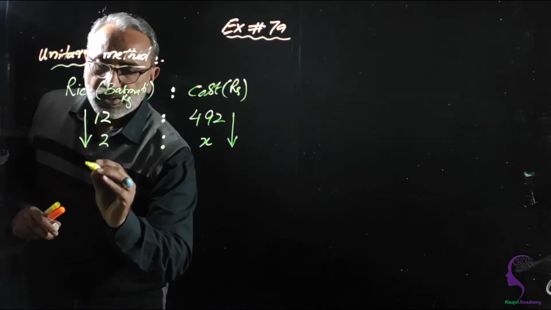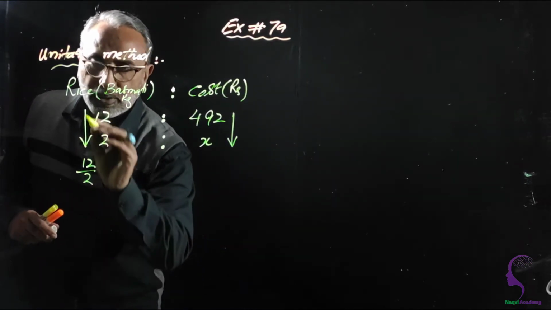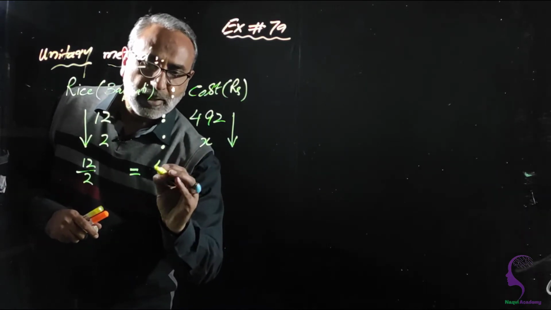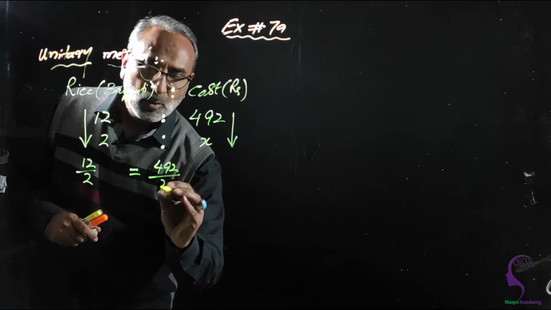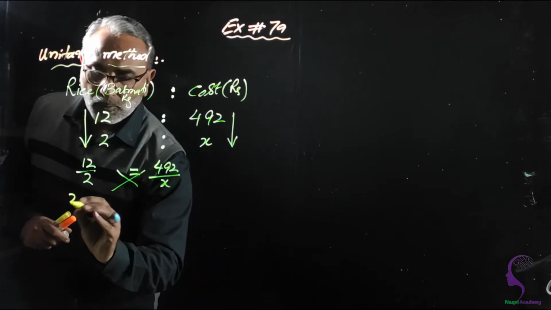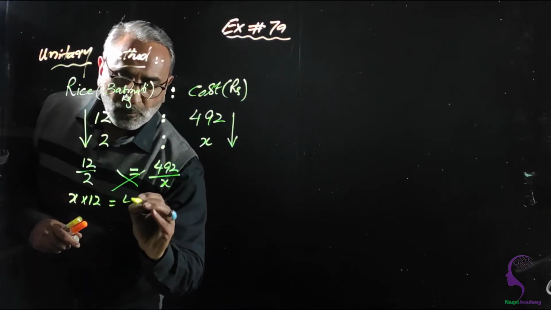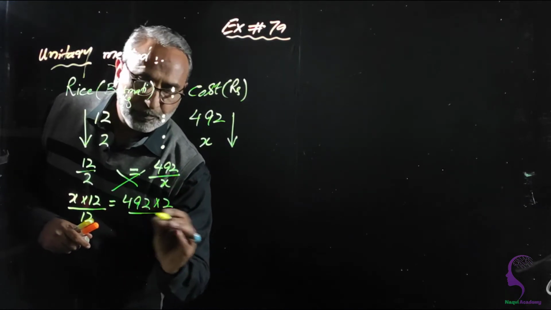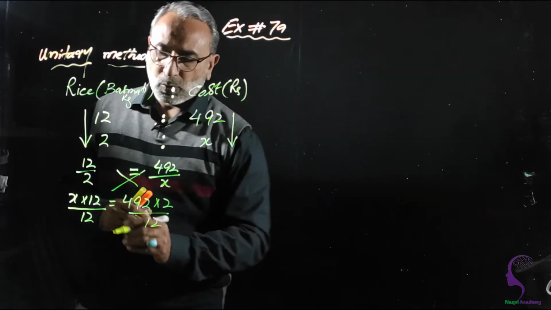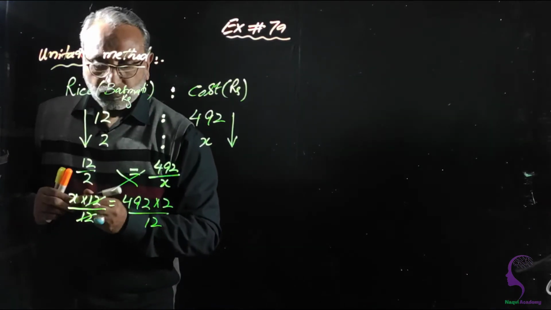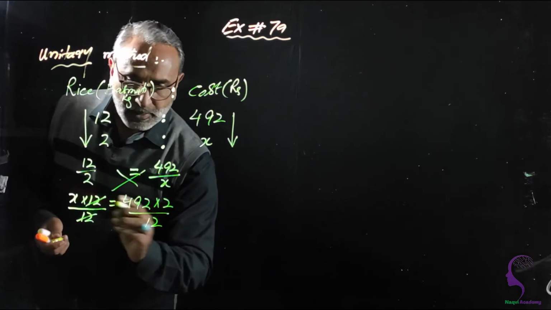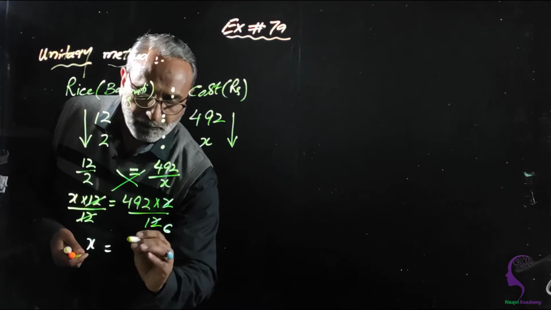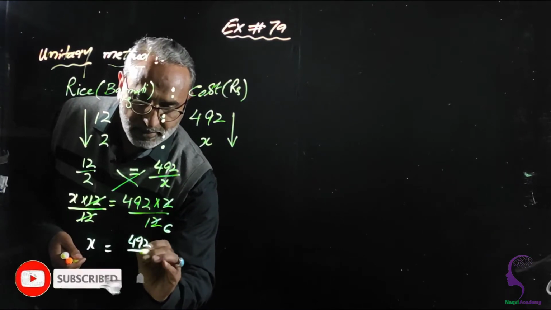We should write, starting from 12 by 2, the ratio, equal sign, 492 by x. So by cross multiplication, everybody should know, 492 multiplied by 2 divided by the coefficient. Okay, so 12 cancels. 2 1 the 2, 2 6 12. x becomes 492 by 6.